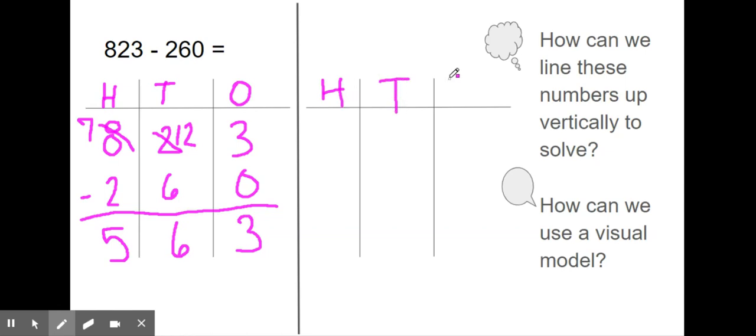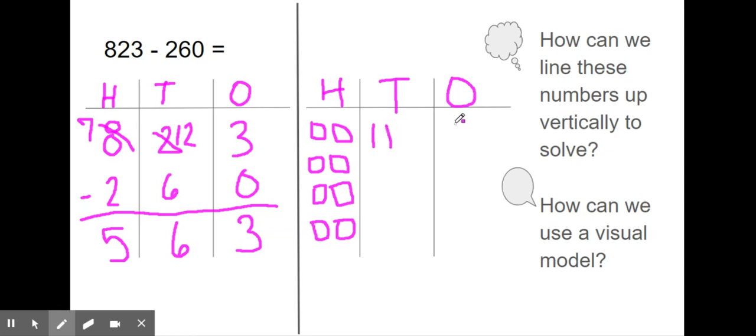Now let me try using the visual model. Hundreds, tens, and ones. So remember, I'm just going to model 823, not 260, because I'm taking that away. So I have 8 hundreds, 2 tens, and 3 ones.